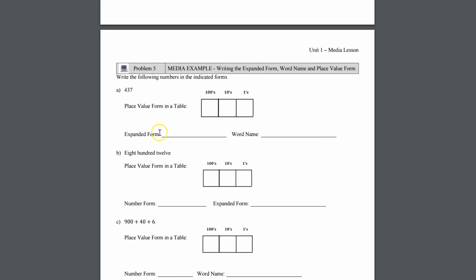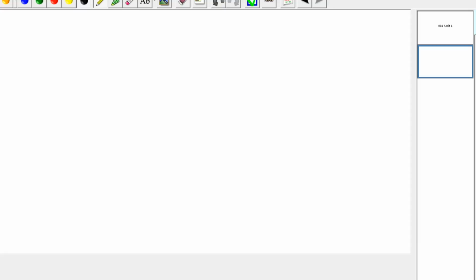For expanded form, we have 437, and we decided that our expanded form will be writing 4 as 400 plus 3 as 30 plus 7 as 7.